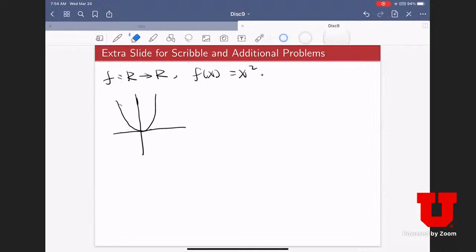So if it's 1-to-1, we want to make sure that every element in the domain maps to a unique element in the codomain.